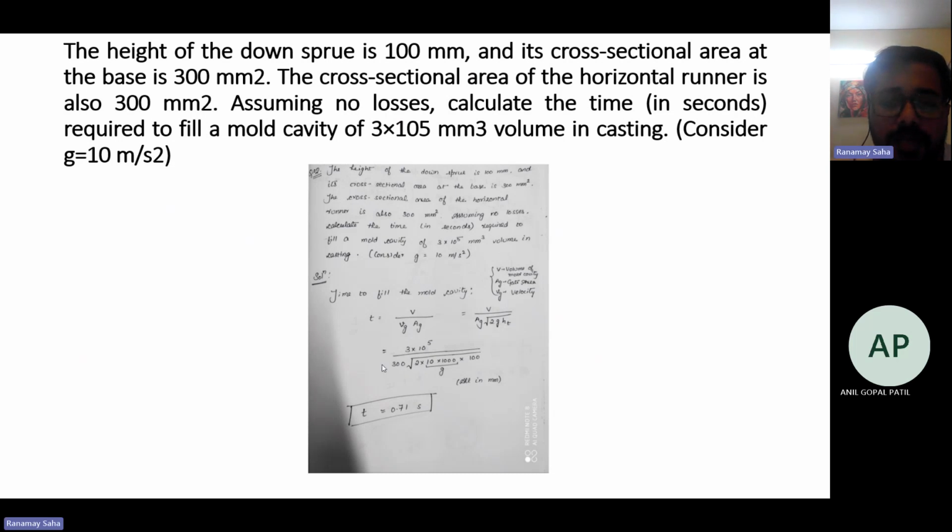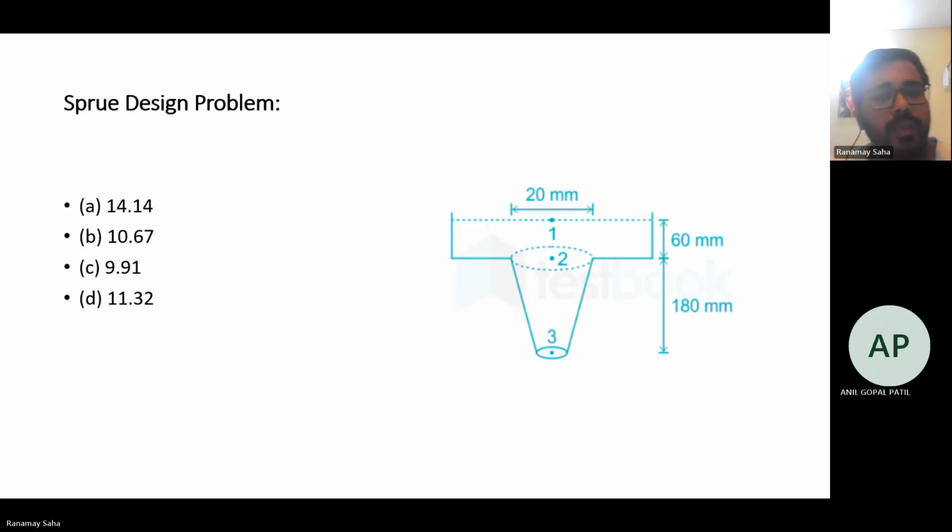So the area is 300 mm square, and then you have velocity, which is the root of twice g into h. So g is given as 10, but in meters, so you multiply by 1000 to convert it into mm, and then the total height is 100 mm only. The time is 0.71 seconds. This is a sprue design problem.